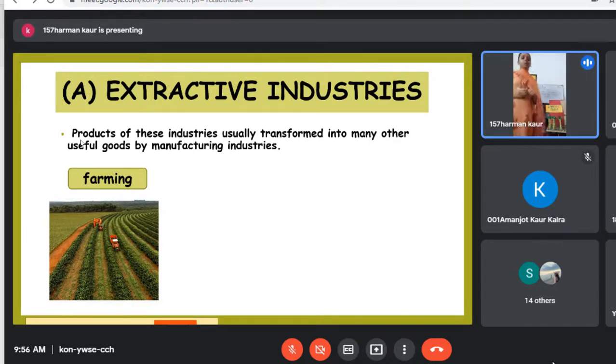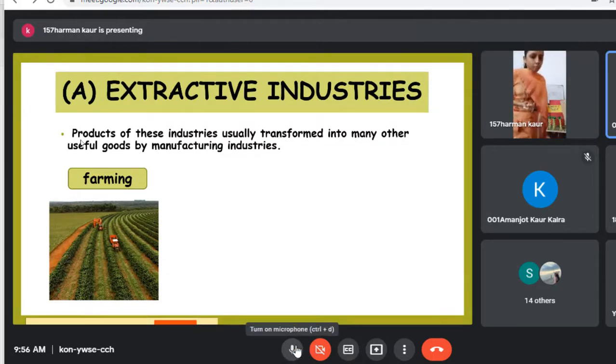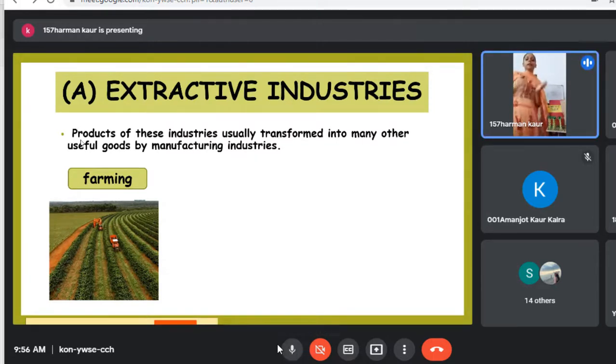And here's a question for you. Tell me from where do the fishermen catch or extract fishes? I'm asking the source from where the fishermen extract or catch.